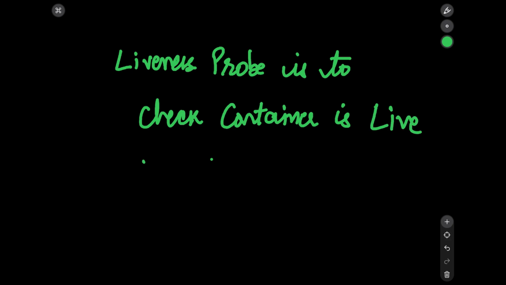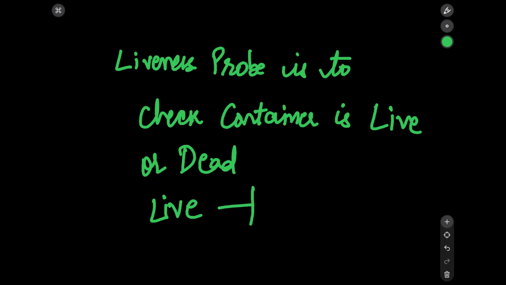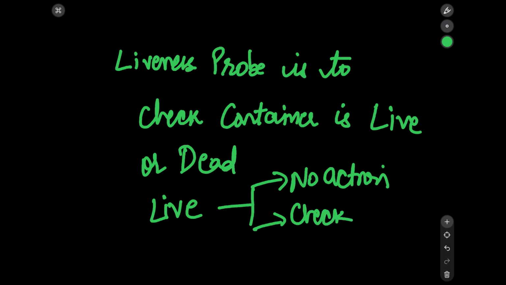As I mentioned, liveness probe is to check whether the container is live or dead. If it sees the container is live, there is no action, but after some time again it will make a check using the liveness probe, the state of the container, is it live or dead.